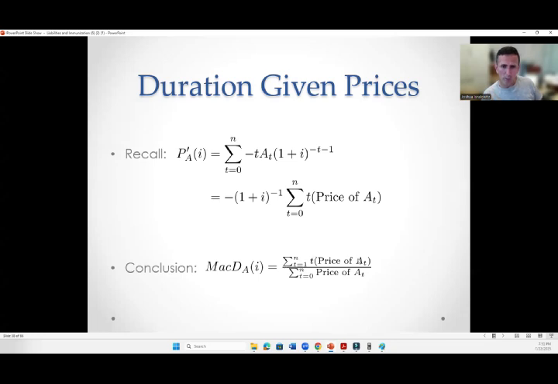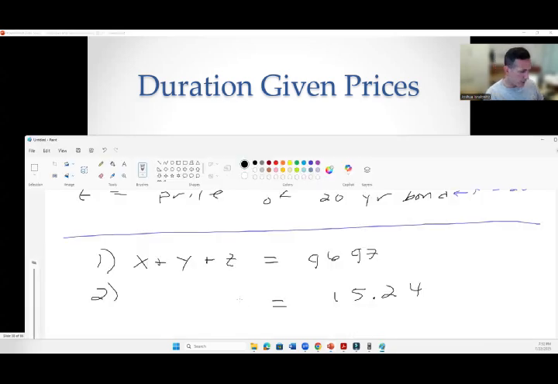So this formula says it's the price of the asset at t, but stick a t in front of it. So the numerator is 5x plus 15y plus 20z, and this is going to look like a nightmare, but it's not super bad.